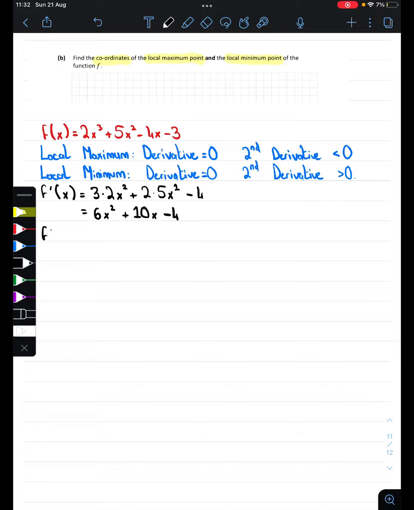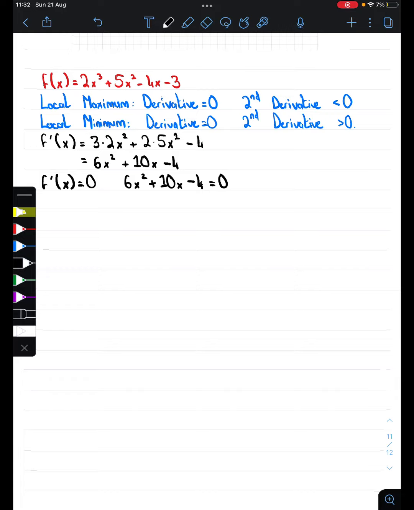Okay, and so we want to allow this to be 0. So we want f prime of x to be 0. And so we get 6x squared plus 10x minus 4 equals 0. And so we can just divide across by 2 just to make it a bit simpler.